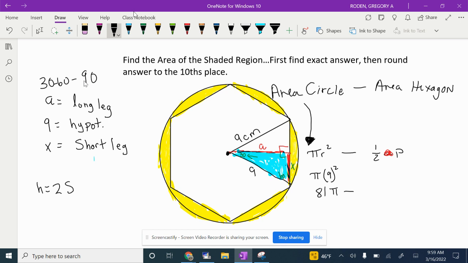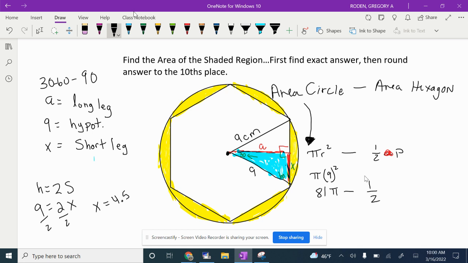You guys with me on that? So in this case, hypotenuse 9 equals 2 times x. Divide both sides by 2, right, class? And so we get x equals 9 over 2, or 4.5. And we already knew that.